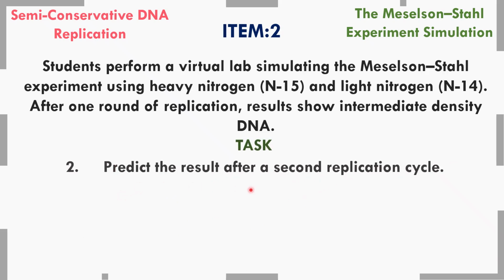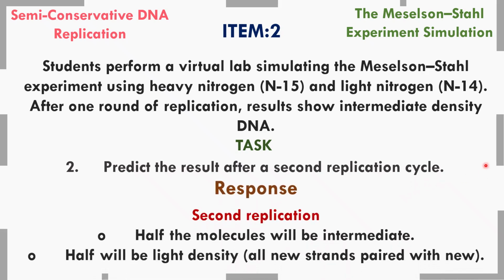Predict the result after the second replication cycle. Second replication, half of the molecules will be intermediate and half will be light density. All new strands paired with new.